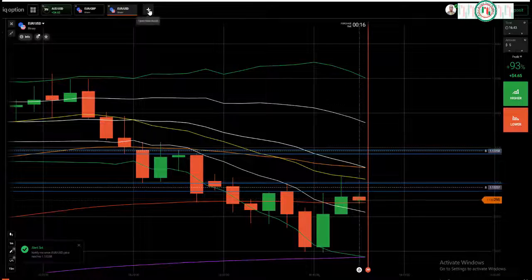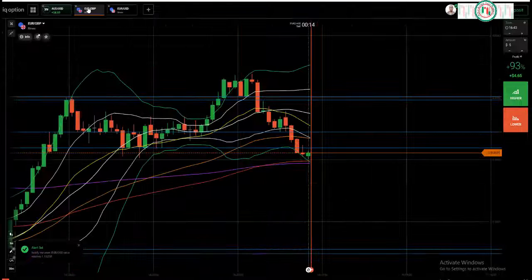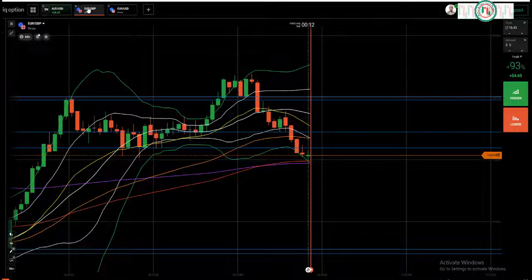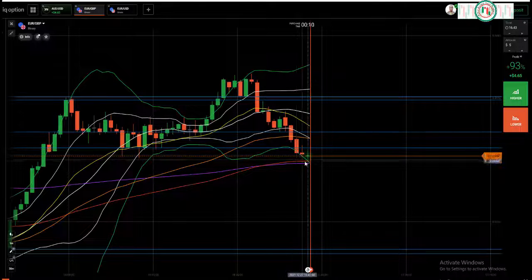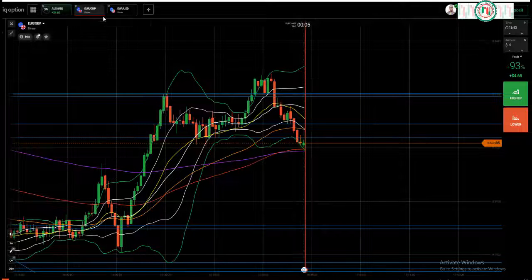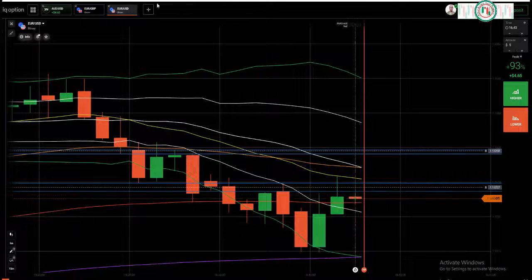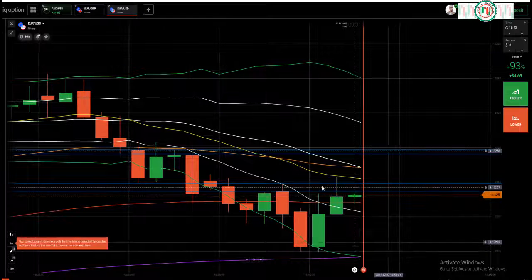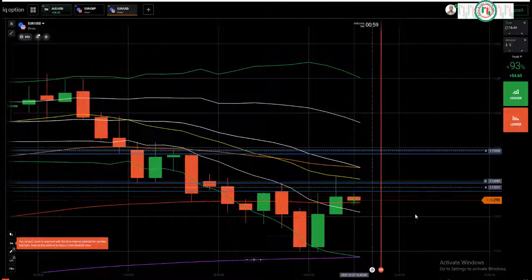Yes, you see momentum, so that's why I didn't take my trade. So maybe if market closes here now, I can place my trade.